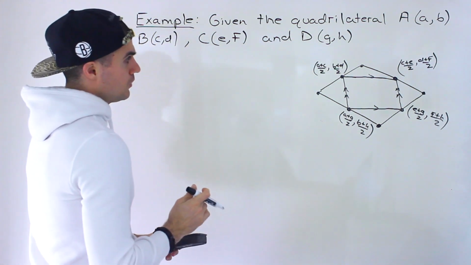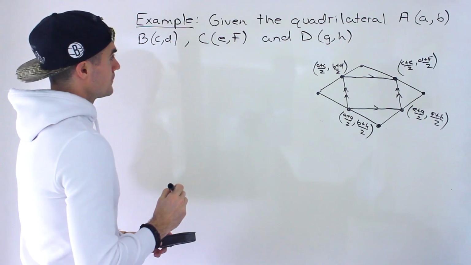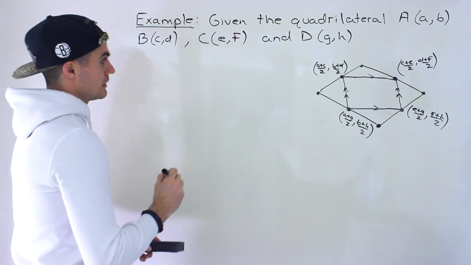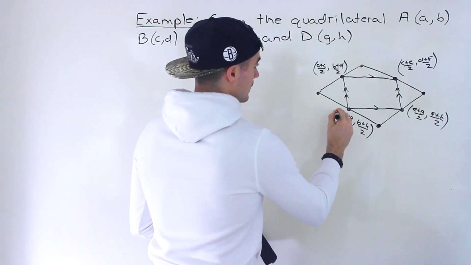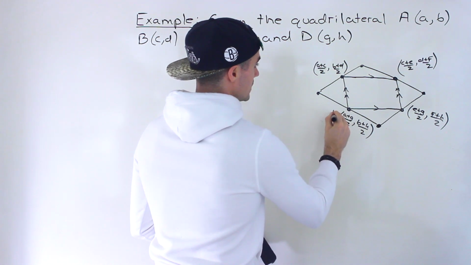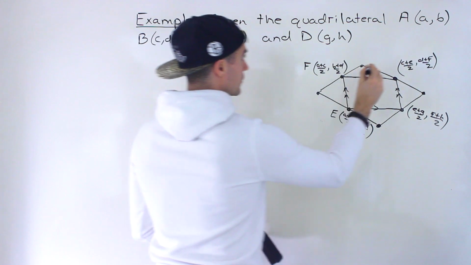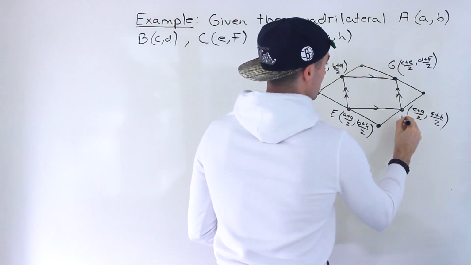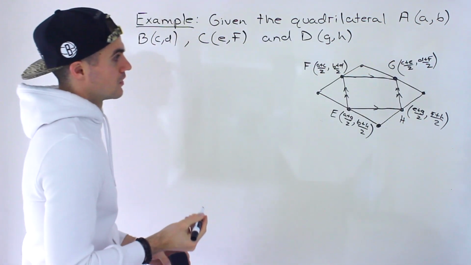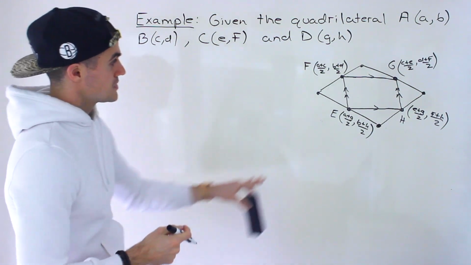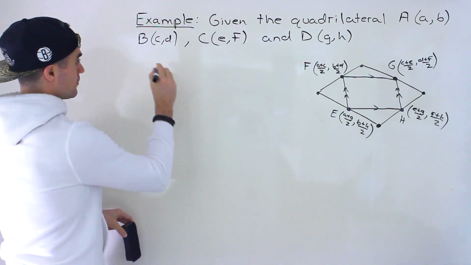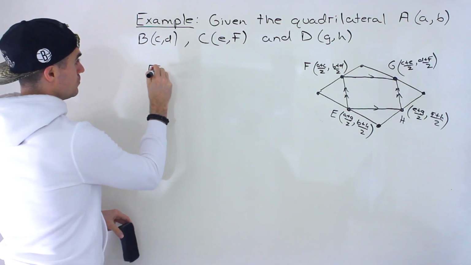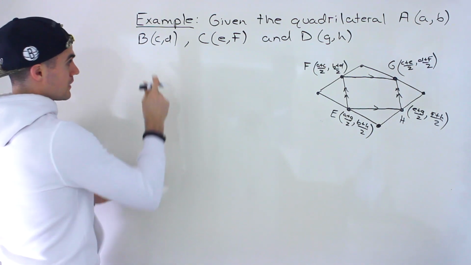So let's label these E, capital F, capital G, capital H. The other one was labeled up to capital D, so we'll start with E, F, G, H, just to follow along with what we're doing. So for example, I'm first going to find the slope of EF.